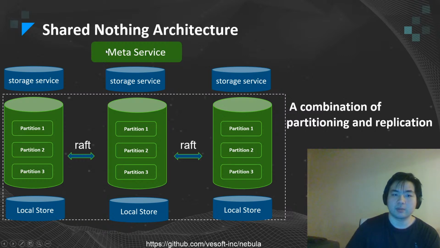All of those things are told by the meta service, which means that the partition itself has no information about the different partitions, which makes it possible for us to stack the raft into a multi-raft protocol, which means that different partitions will build their own raft clusters, which is optimized for parallelization and performance.